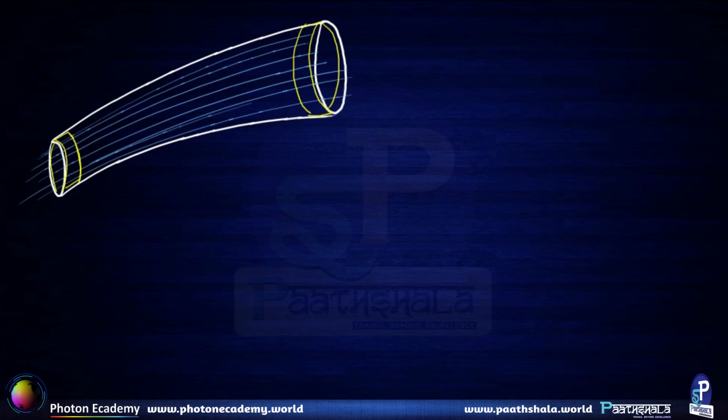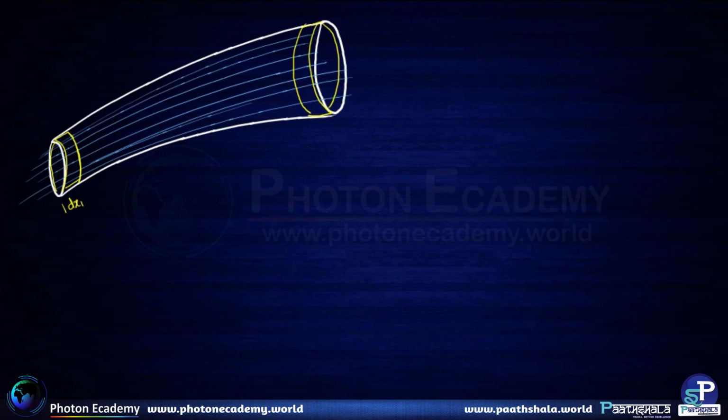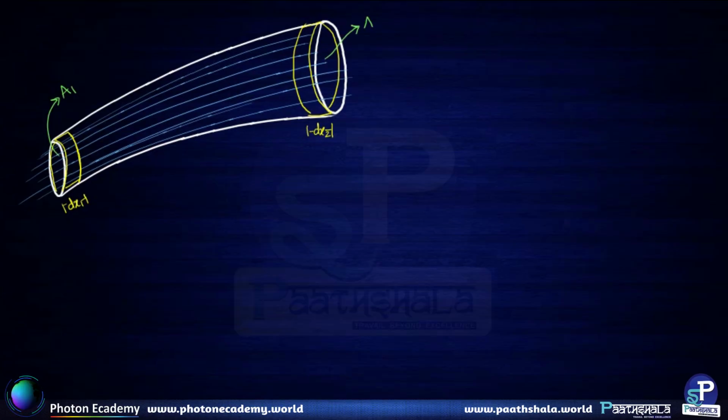Alright. So let us say this length happens to be dx1. This much length happens to be dx1. And this length happens to be dx2. The area of cross section at this end happens to be A1. The area of cross section at this end happens to be A2. Alright.